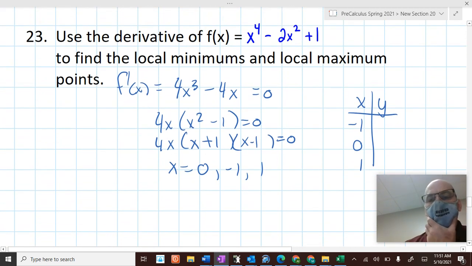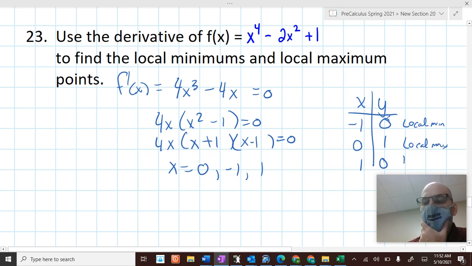If you check them into the original function, negative 1 to the 4th is 1. So you get 1 minus 2 plus 1, which is 0. Put in a 0, you get 0 plus 1, which is 1. Put in a 1, you get 1 minus 2 plus 1, which is 0. So this is a local min. This is a local max. And a local min. Yep. We just took a test over this.